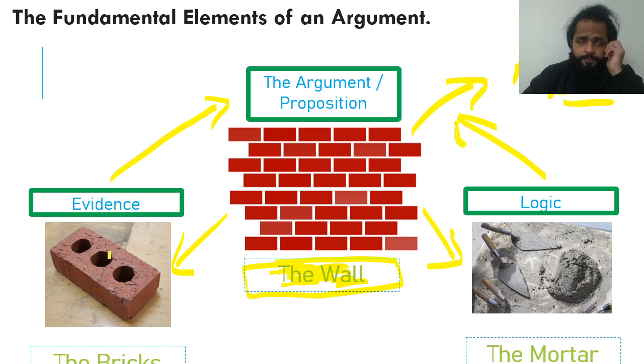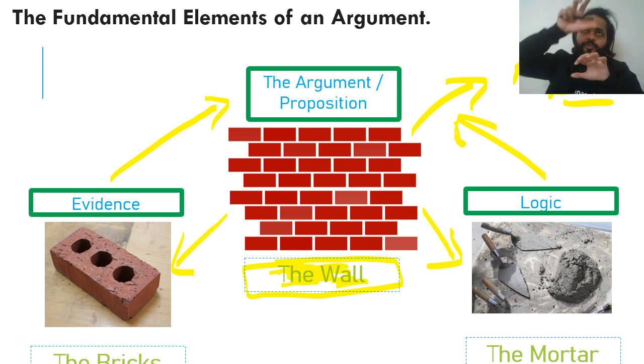Now, how exactly does a brick help a wall? A brick is basically a solid piece which makes up the main frame of the wall, while the mortar basically joins multiple bricks together, and hence the wall is created.